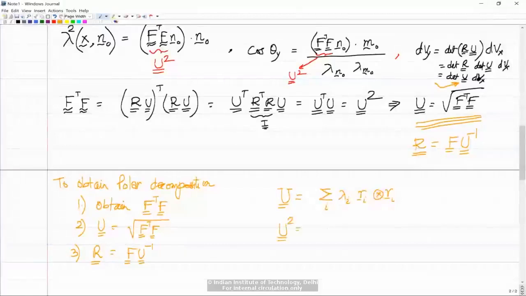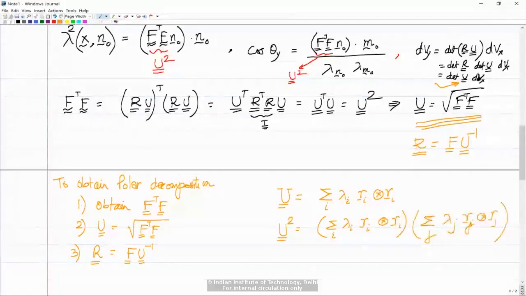So U square will simply be U into U. So you have one summation over i of lambda i Ri tensor product Ri times the same U. And then here I have to use some other index, let us say j, lambda j, Rj tensor product Rj.